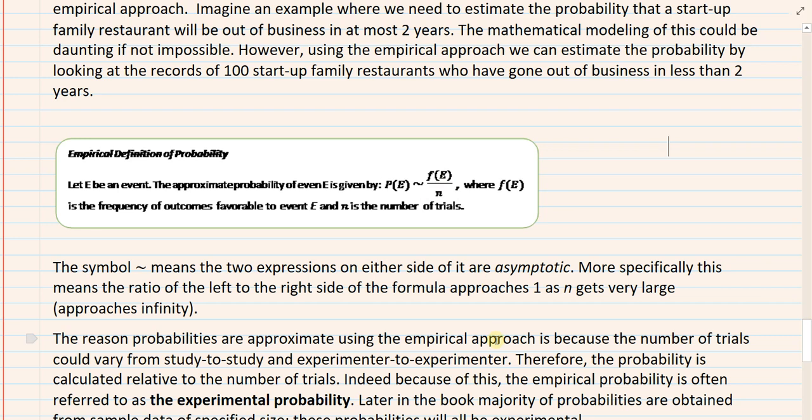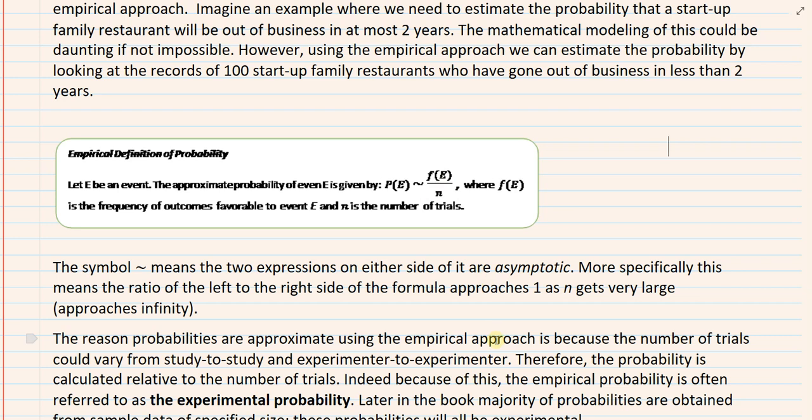So what makes empirical probability work is actually a law called the law of large numbers, which says as you increase the number of trials, the observed probability, or I should say the experimental probability of E, approaches the actual probability of E.